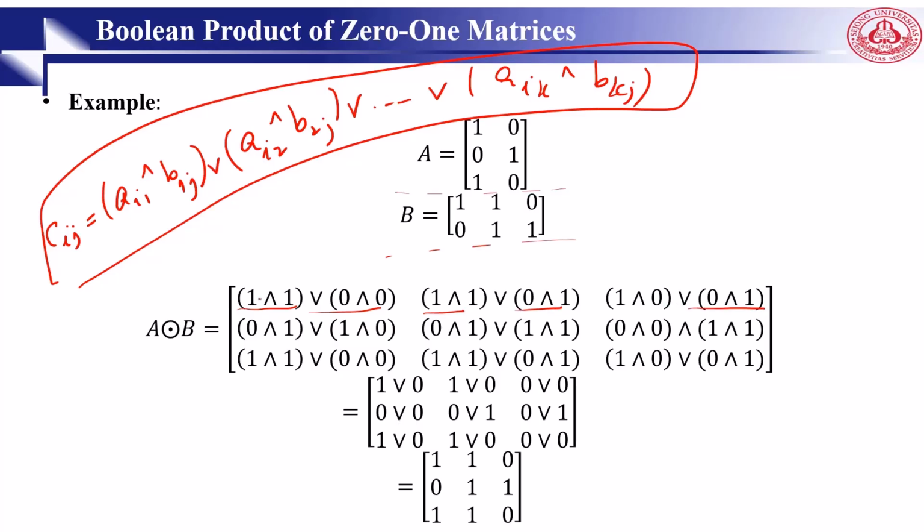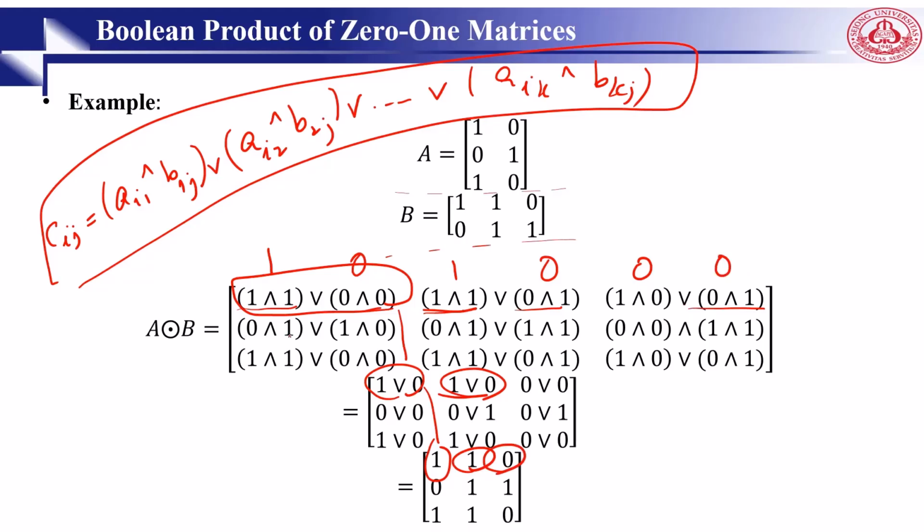So what we do here, 1 and 1 is 1. 0 and 0 is 0. 1 or 0 is 1. So this goes here and this goes here. Then for the next, 1 and 1, 1. 0 and 1, 0. 1 or 0, 1. Right? 1 and 0, 0. 1 and 0, 0. 0 and 0, 0.